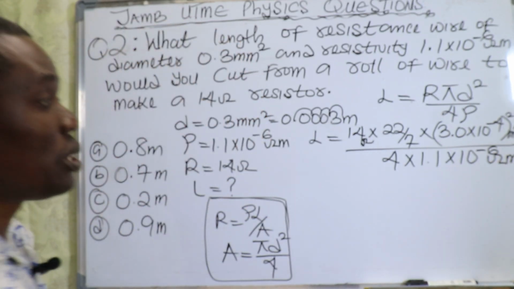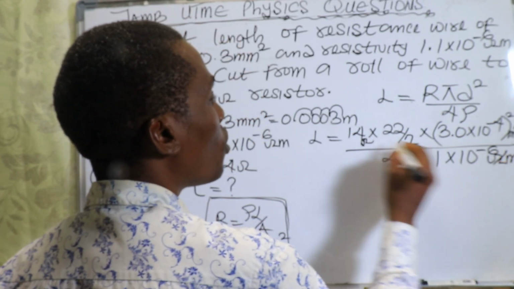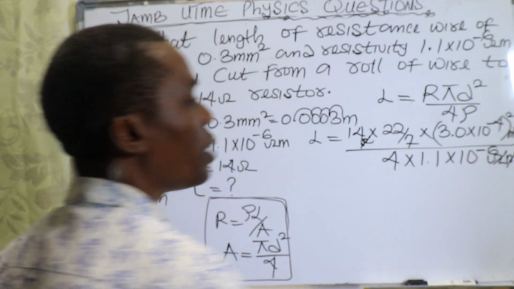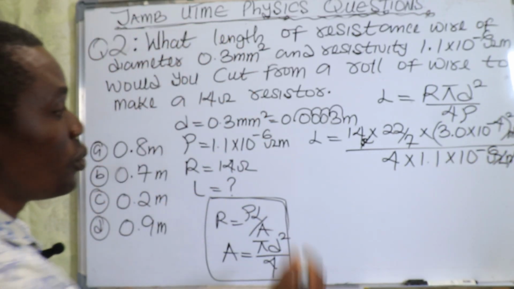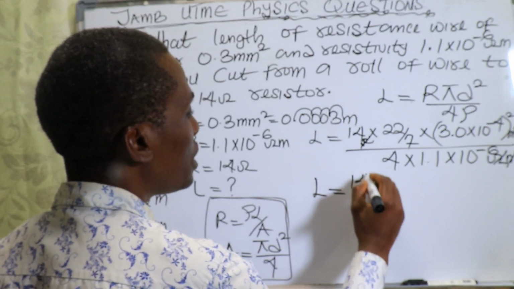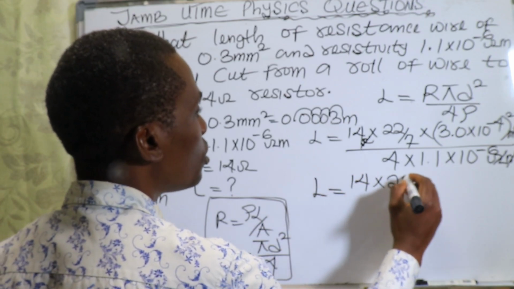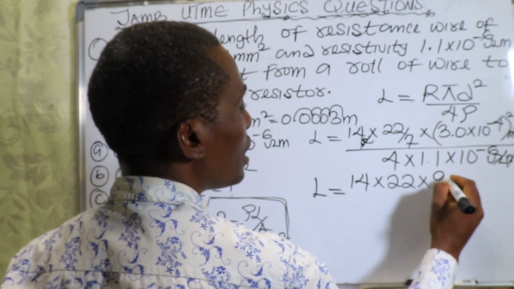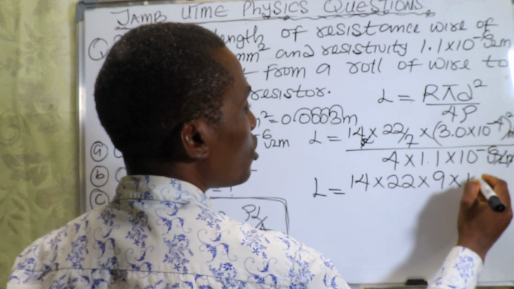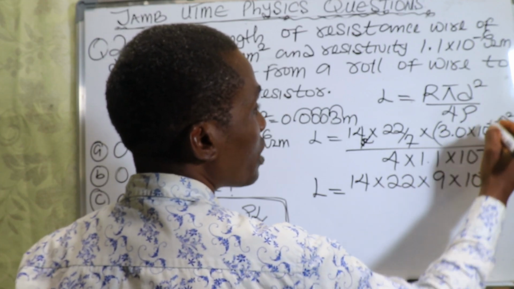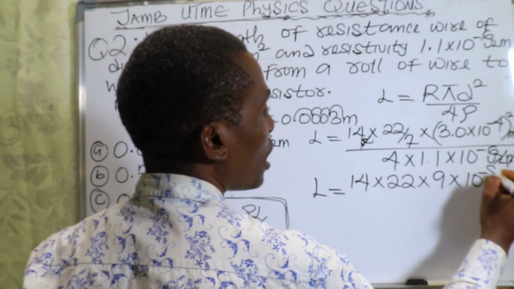Now from that you will see that the ohms will cancel the ohms, and the meter will cancel one meter, so it will remain 1 meter. If we rearrange this one, we'll get our length to be equal to 14 times 22 times 3 square, which gives us 9 times 10 to the power of minus 4, times 4, or 4 times 2, 4 square will give us 8.